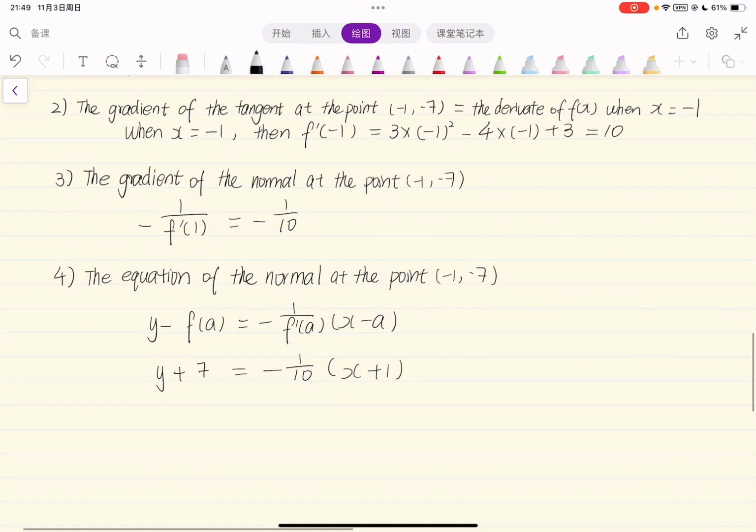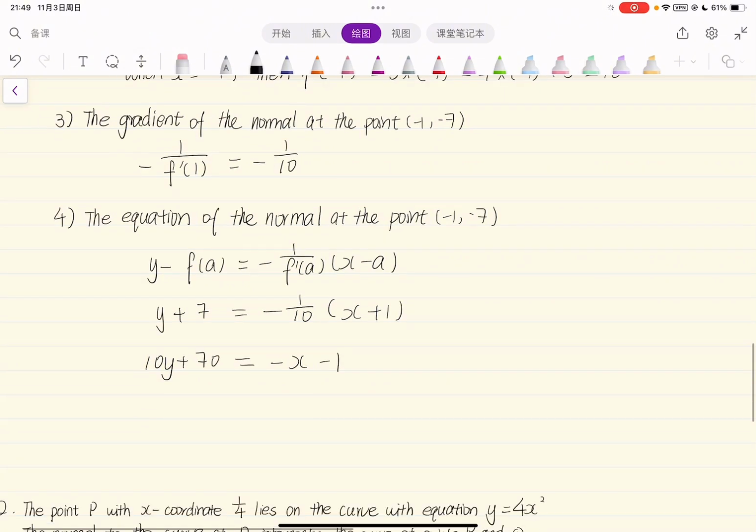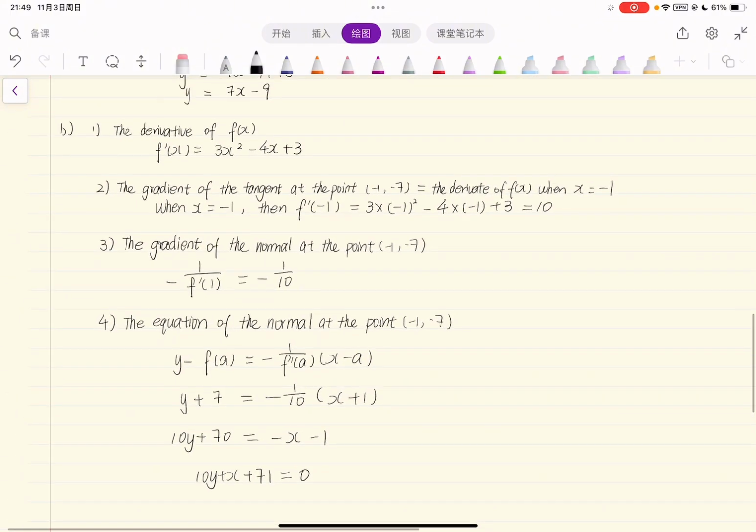And we rearrange that, we will have 10y plus 70 equals negative x minus 1. So we have the equation of the normal at point (-1, -7), that is 10y plus x plus 71 equals 0. So we are done with this question.